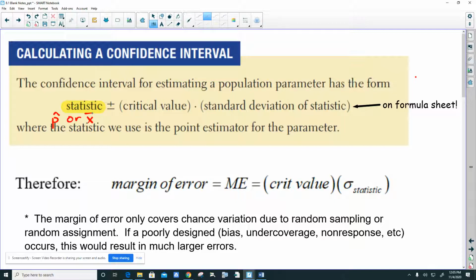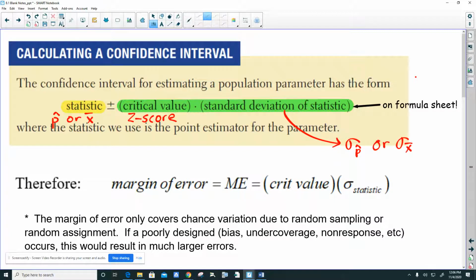Then what makes up your margin of error are these two pieces multiplied together: something called the critical value, which we will be talking through here, which is going to be a z-score of some sort, and the standard deviation of your statistic, which is either the standard deviation of your sampling distribution for proportions, or the standard deviation for the sampling distribution for means.